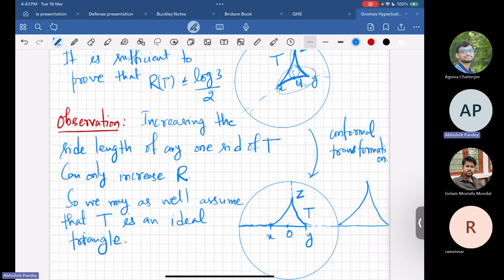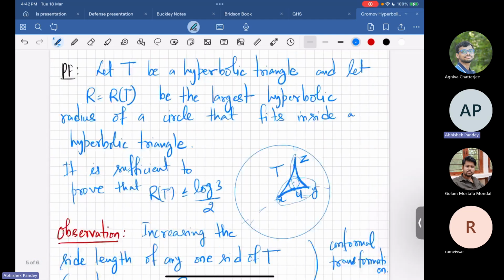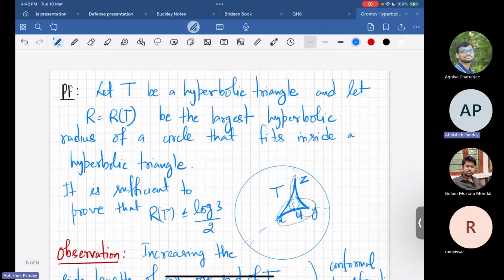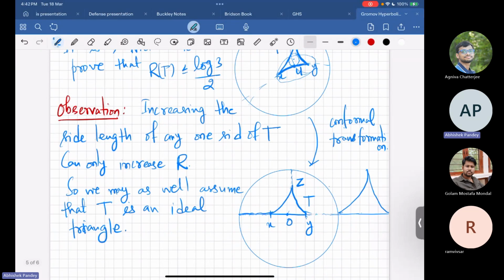So to make that perception clear, I was starting with the ball model. Obviously we can start in the upper half plane, just taking the ideal triangle. This method will be clear for the ball model and simultaneously for the upper half plane model also.